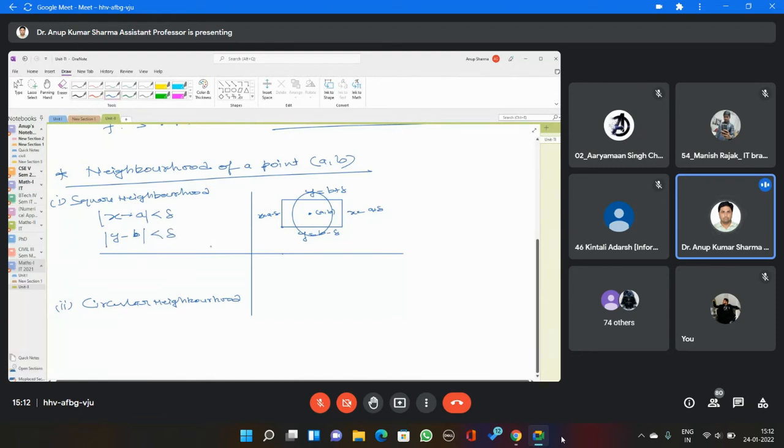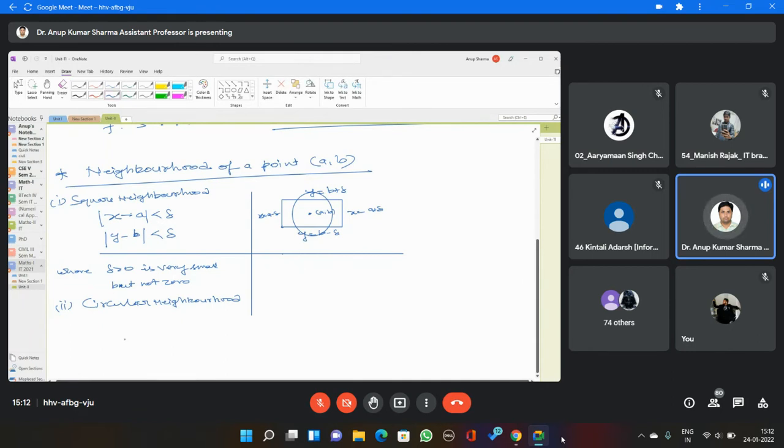Delta means very small but not zero, where delta is greater than zero, very small but not zero. These are the things we write for the square neighborhood.